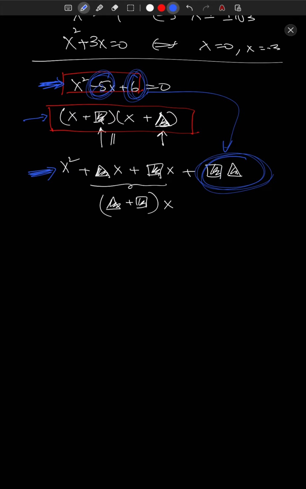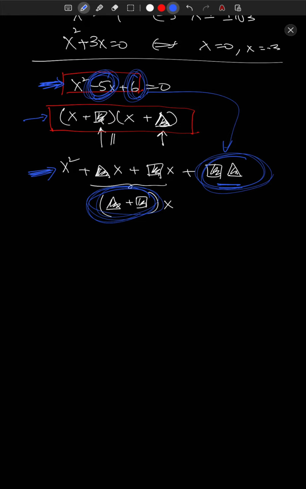So that minus 5 has to be the same as this part in here. So we're going to make guesses for what triangle and box should be, using the fact that their product has to be 6.